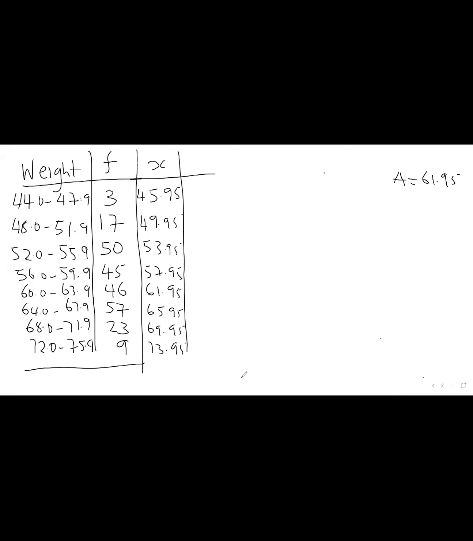So you have here D. We said D is the difference between X and that. So just come here, make this 0. Is that okay? Then the class size is 4. So this one becomes -4, -8, -12, -16. Are we there? Do you have those values?